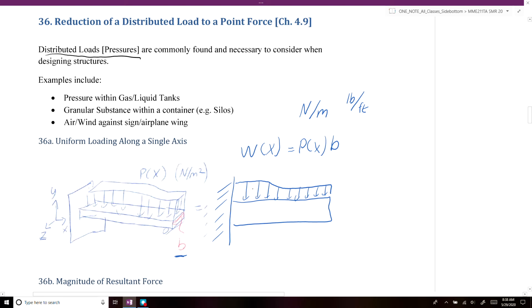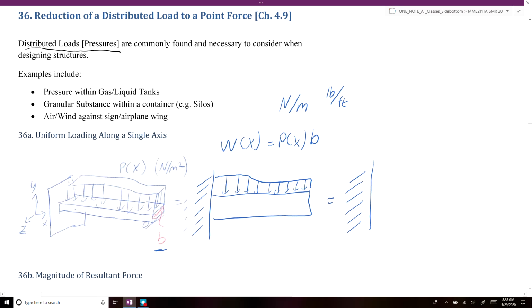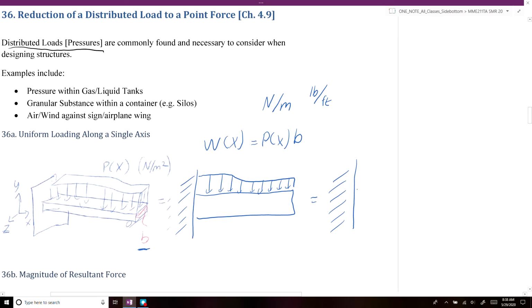What we're interested in is determining where the equivalent concentrated force, or the total force caused by this distributed load, would be. We'll call that FRY.